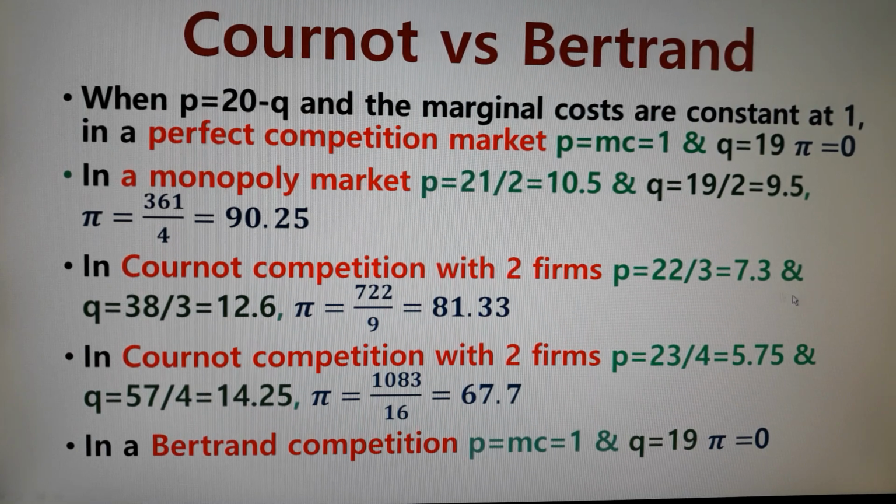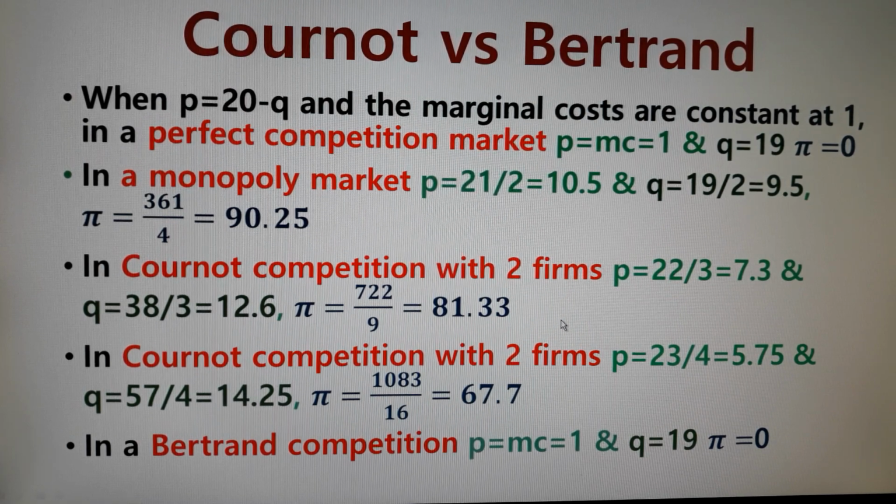If you just recalculate, it's approximately 7.3 and 12.6. And the combined profit, pi 1 plus pi 2, would be 81.33.